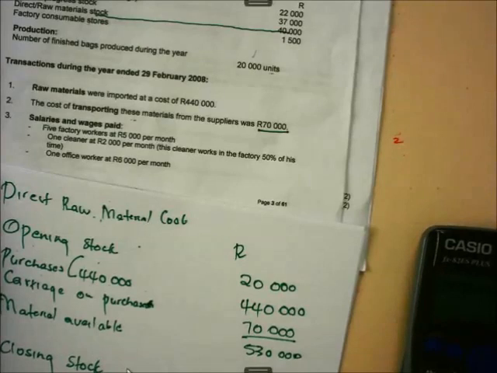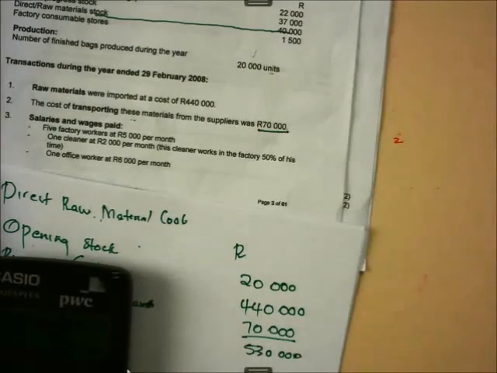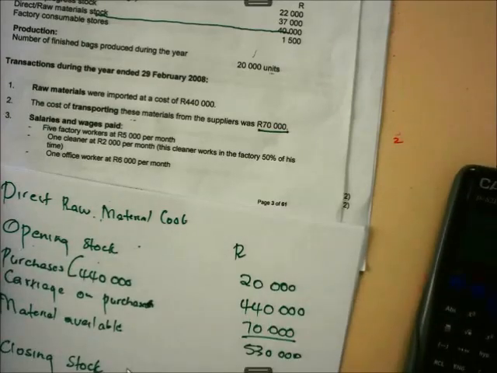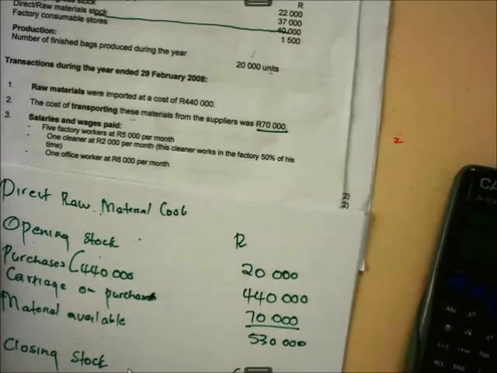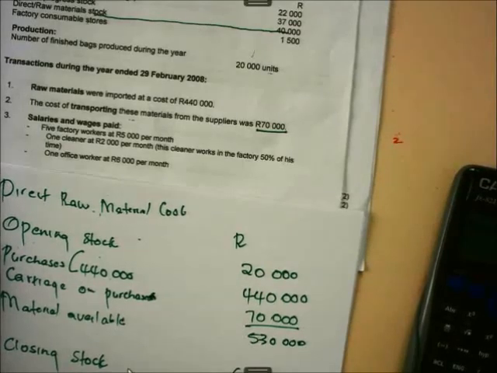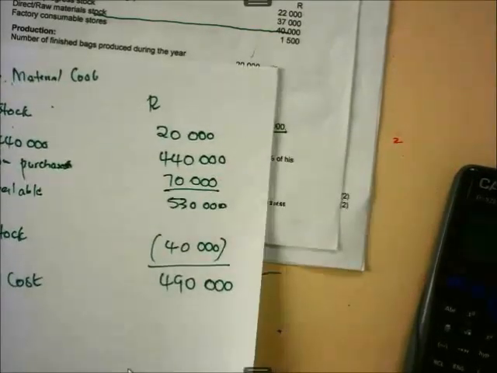Now we say less 40,000. 530,000 less 40,000 to get the total cost of the raw materials issued for production. Raw material cost issued in the factory for production.